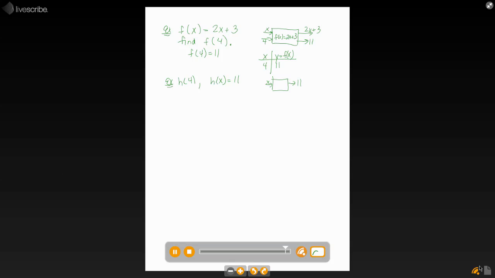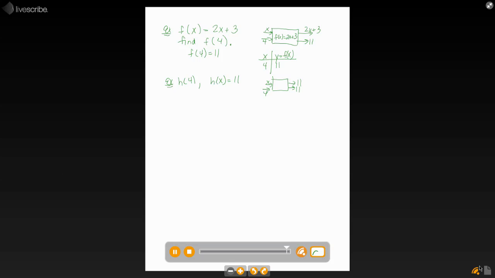If I plug in a 4, what do you get? Well, this one's kind of funny. It doesn't matter what you put in. What's going to come out? 11. You were thinking right, you just didn't want to say it. This is a kind of funny function because it doesn't matter what you put in, 11's coming out. Everybody good with that? Okay.